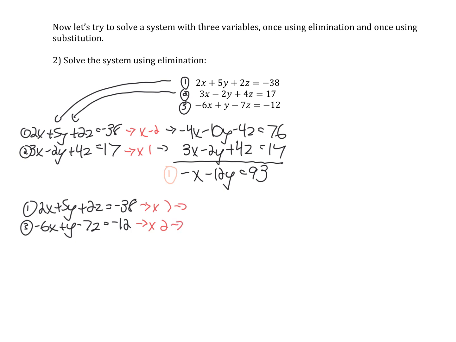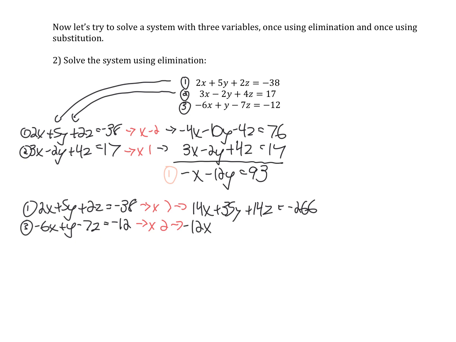So if I do that to the top, I get 14x plus 35y plus 14z equals negative 266. You can use a calculator on this one, by all means, to do the arithmetic, because the numbers do get a little big. So use a calculator where needed. Then I do the bottom one.